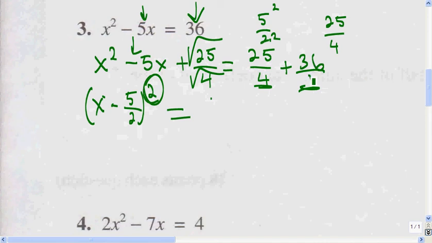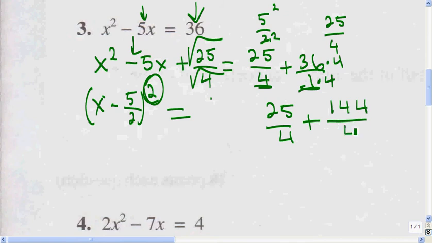So we multiply the denominator by 4 and the numerator by 4, and that's going to give us 25 over 4 plus, if you plug 36 times 4 into your calculator, 144 over 4. And when you're adding fractions, you never add the denominators, you only add the numerators, okay? So that's going to give us 169 over 4. So that's our answer, 169 over 4.